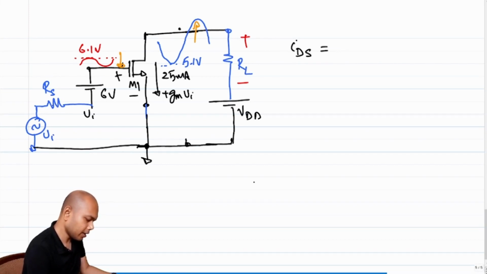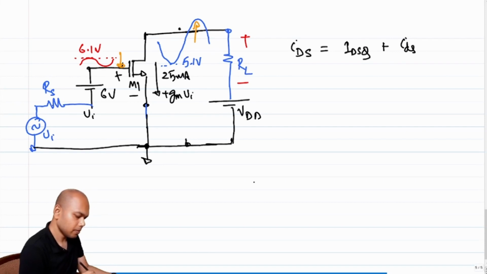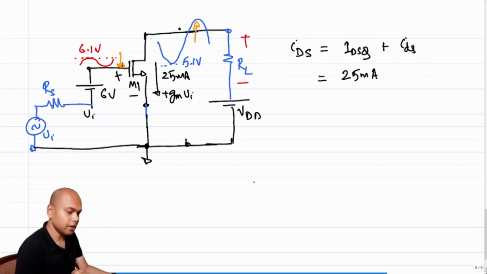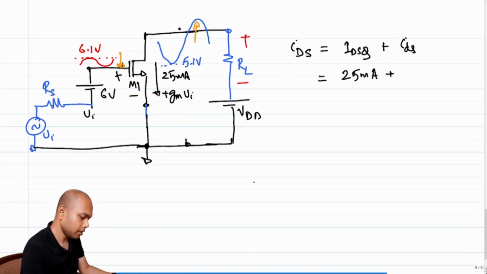The total current IDS is IDSQ plus the incremental current, correct? So what is IDSQ in this case? This is 25 milliamps. What is the incremental current? Incremental current is GM times VP sine omega naught t.